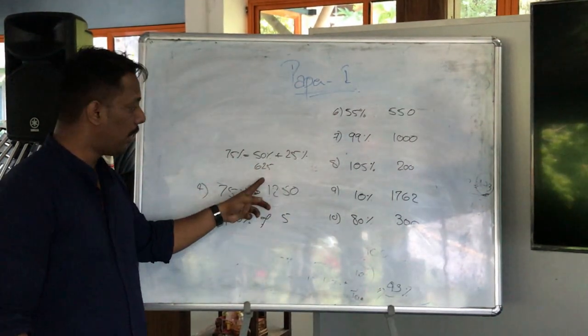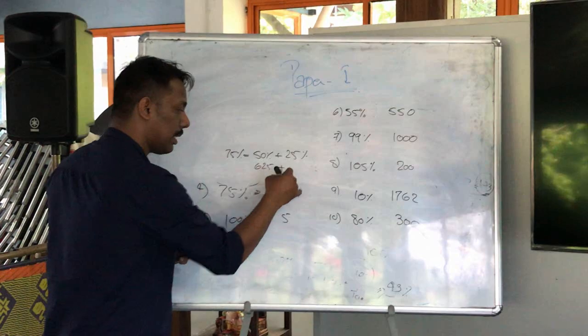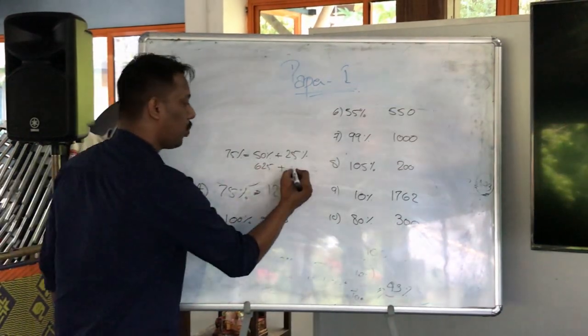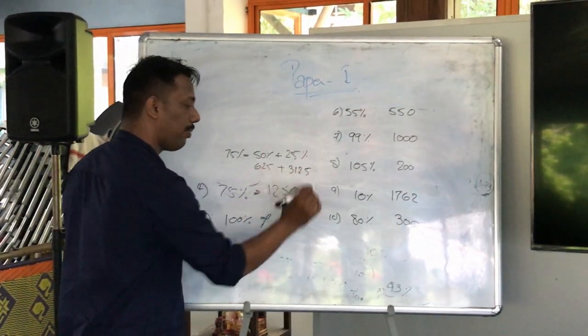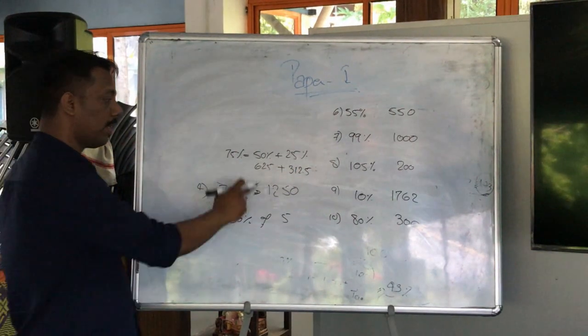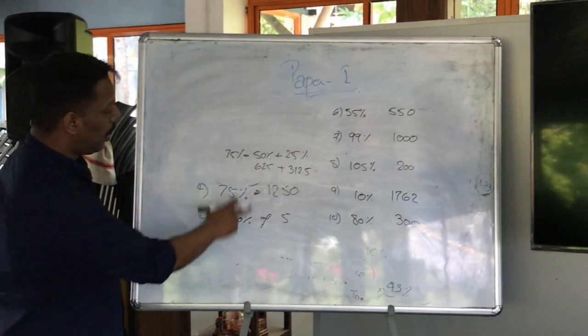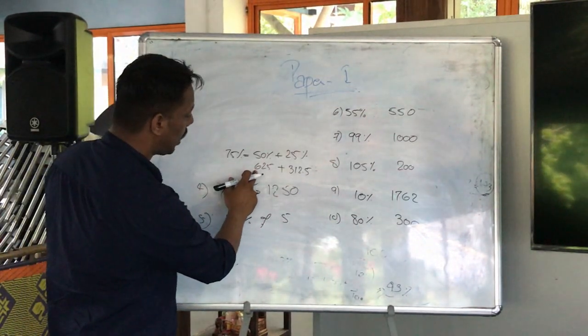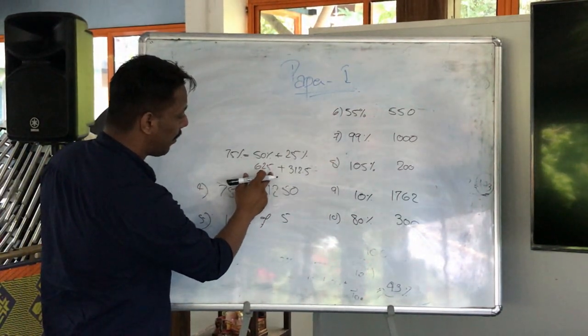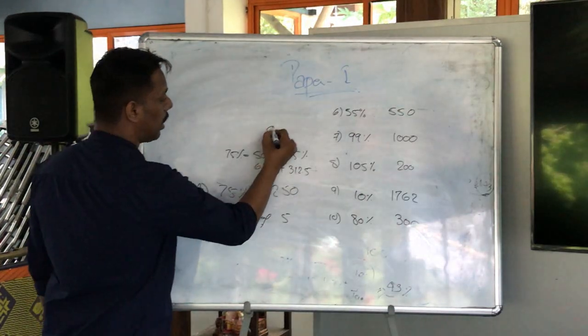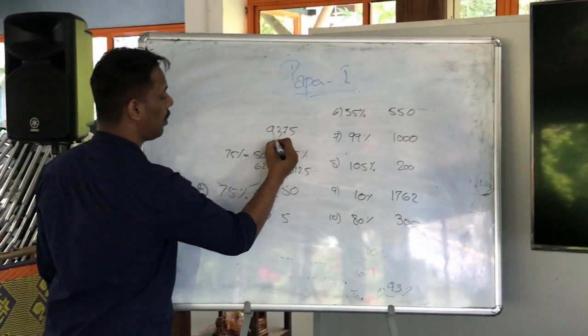And again half of it is 312.5. You have to add 625 plus 312.5. How much? 937.5. 937.5 is your answer.